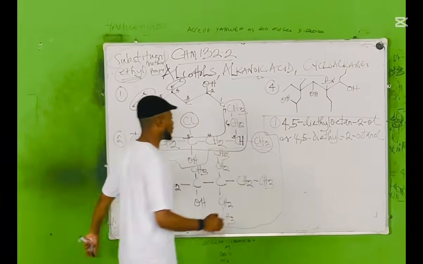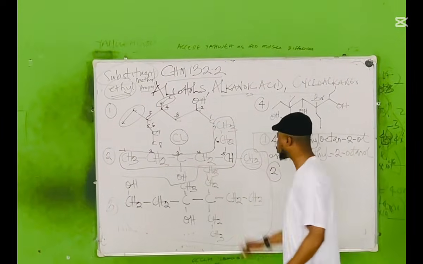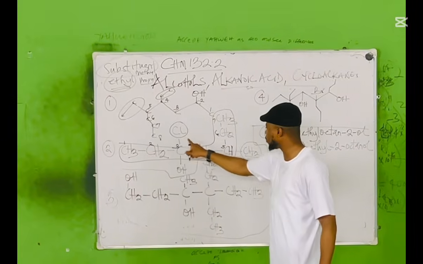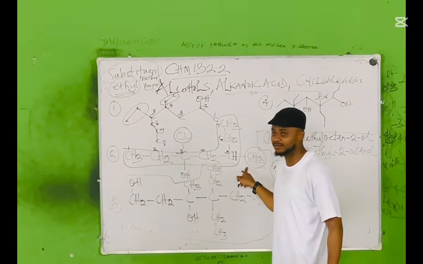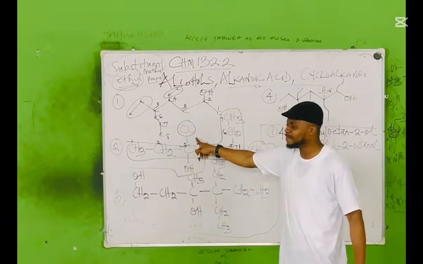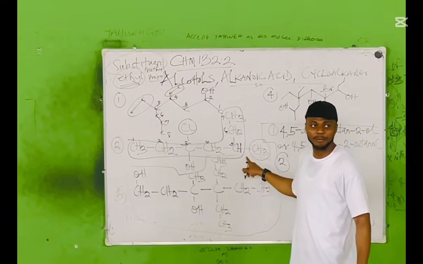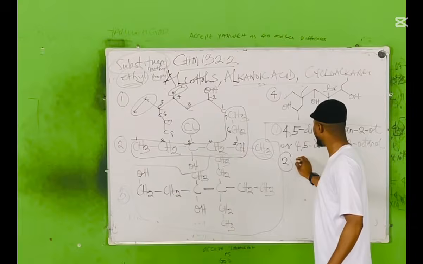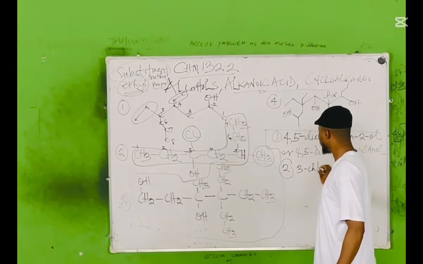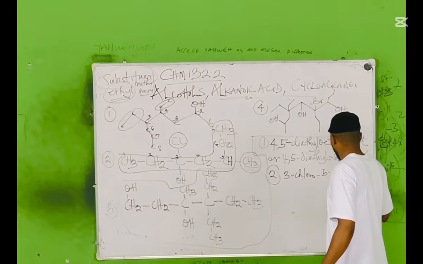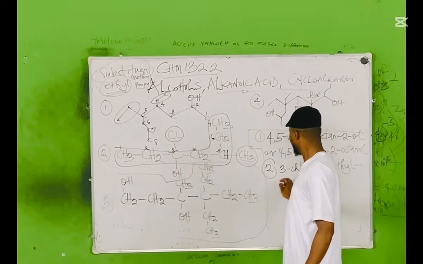Now let us go and name it. Name of structure 2. We have 2 substituents at carbon 3 and 5 respectively, right? Now we have to name them in alphabetical order, so chloro will come first before methyl. So we have 3-chloro, 5-methyl.